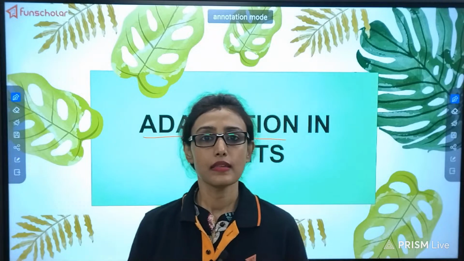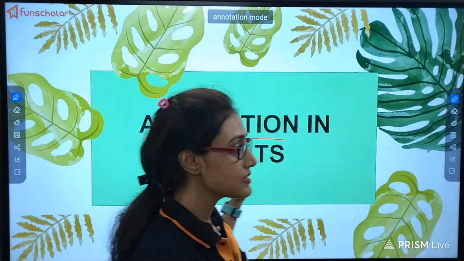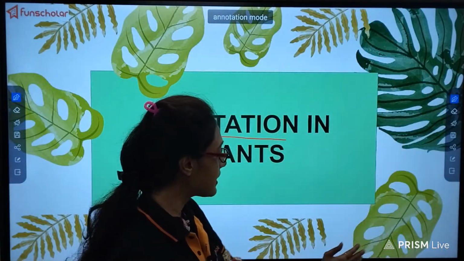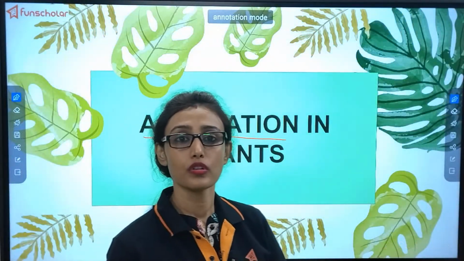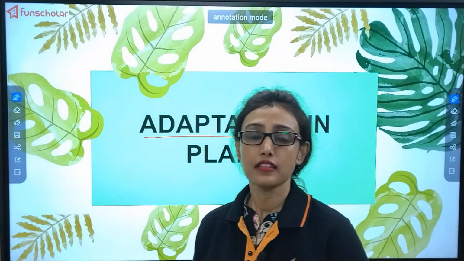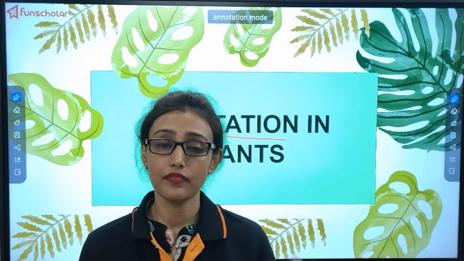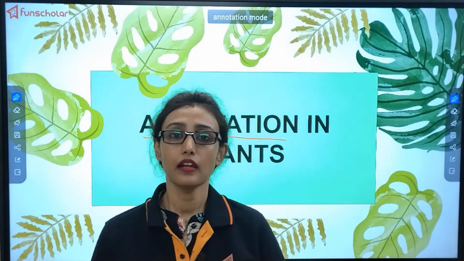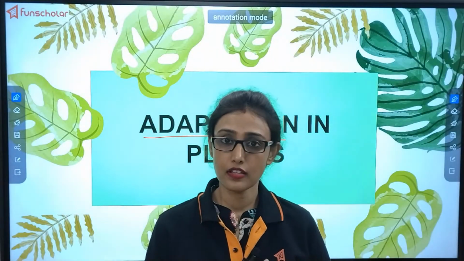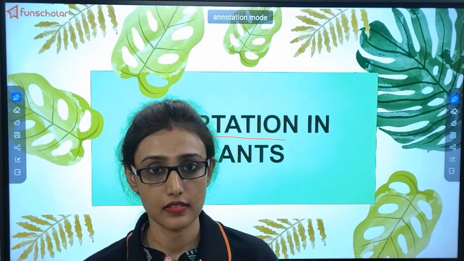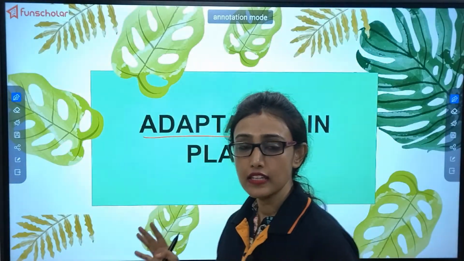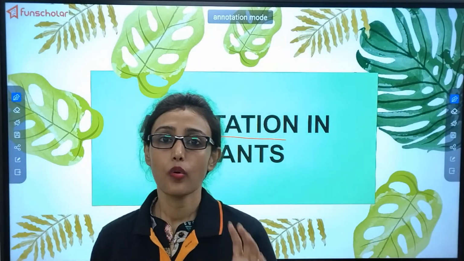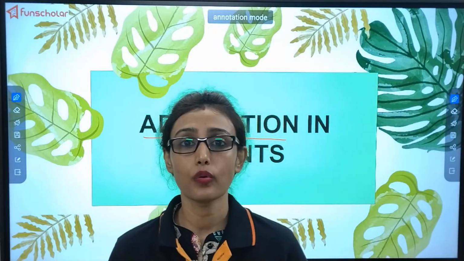Similarly, plants are different in their shape, size and structure so that they can survive in the environmental condition. Different types of plants grow in different areas. The plants of the forest are very dense in nature, whereas in coastal areas you find more coconut trees.